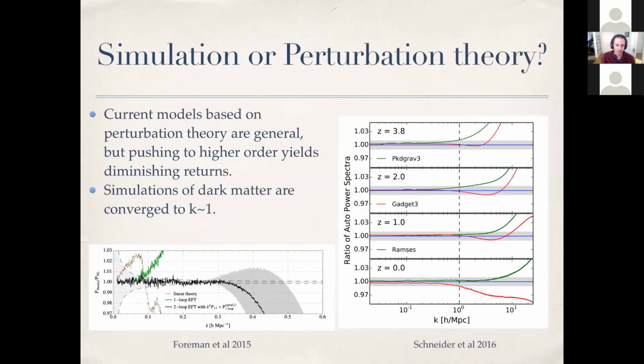So now let's talk a little bit about why those models break down on small scales. The current models that we use to confront this data for the galaxy power spectrum are based on something called perturbation theory. The idea behind these perturbation theories is that you start out with some simple solution to your equations of motion, some linear solution.